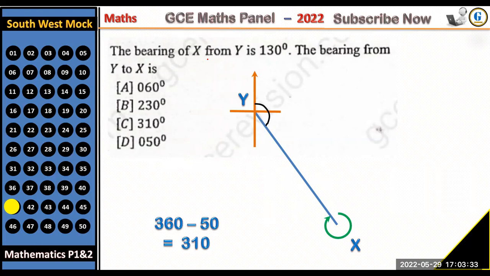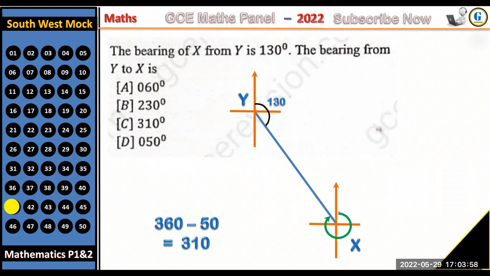The bearing of x from y is 130 degrees. Bearings are measured clockwise from the north. So measuring from the vertical north line, this is 130 degrees. This is x. Now, what is the bearing of y from x instead? First of all, we have to make a cross here also, and put a vertical north.